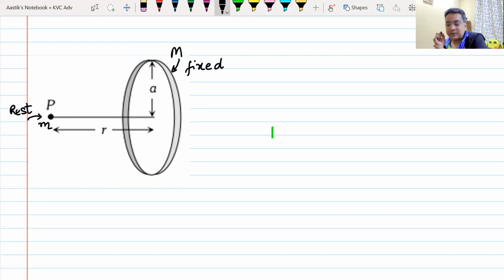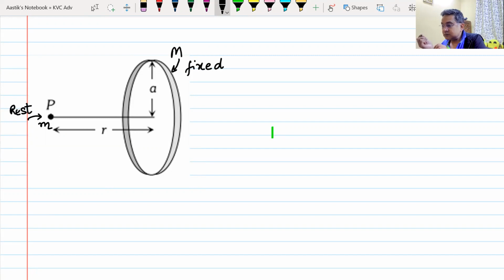What will happen to this small mass if I leave it? Will it remain there?